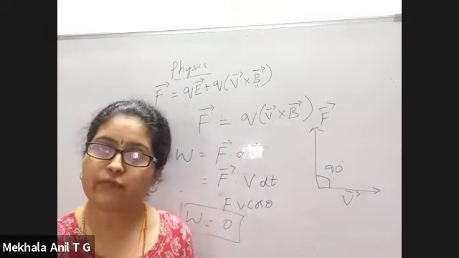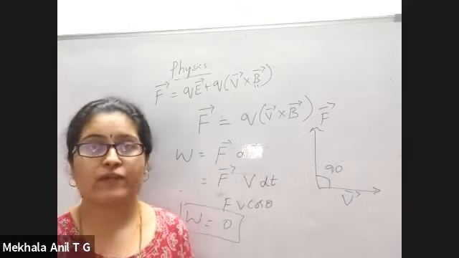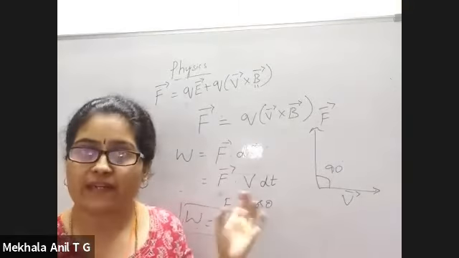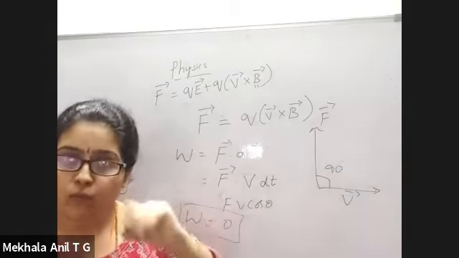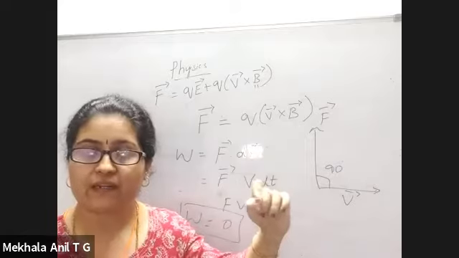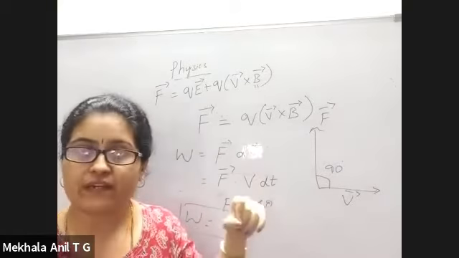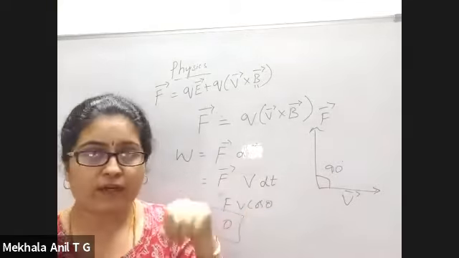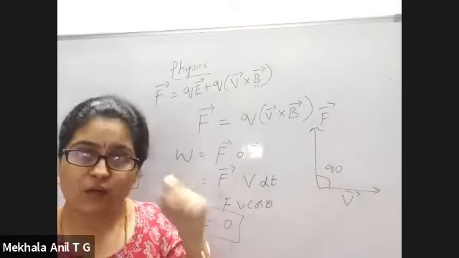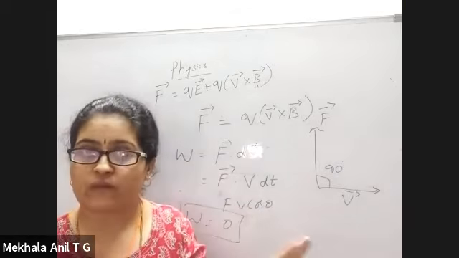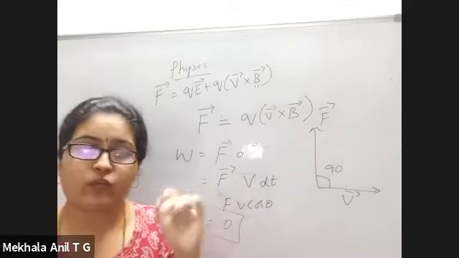What is the inference of it? The inference is, in a static magnetic field, when you move a charged particle, you can only change the direction of it and you cannot change the velocity of it. And also, the kinetic energy will remain constant. I will give you an example.